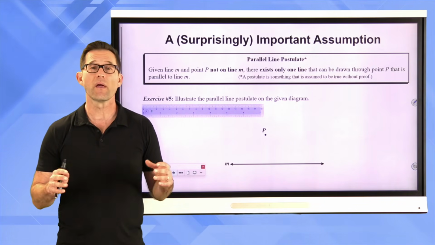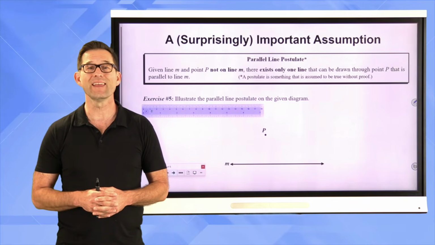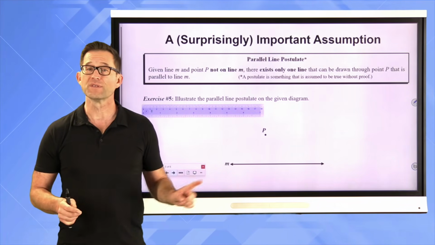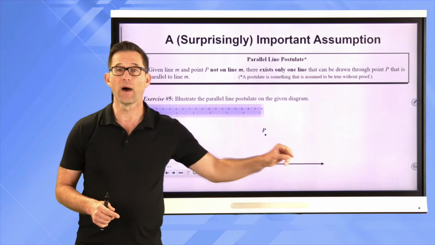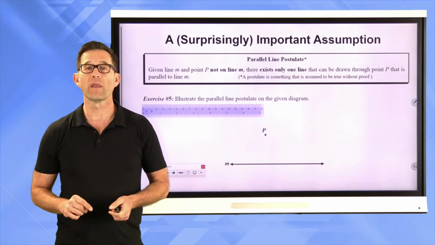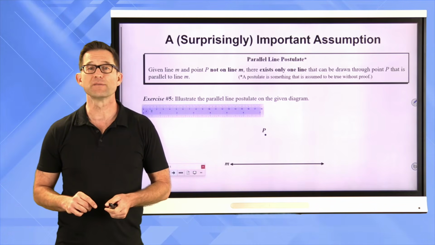This is why a lot of what we're doing is what's known as Euclidean geometry. And one of the things that Euclid decided on was that if you have a line and a point not on the line, there's one and only one line that can be drawn through it that is parallel.